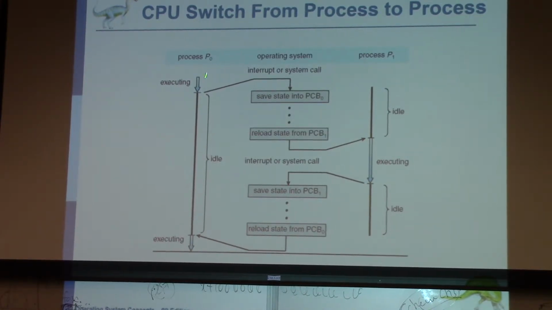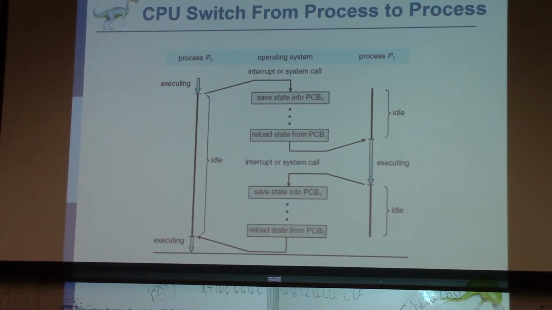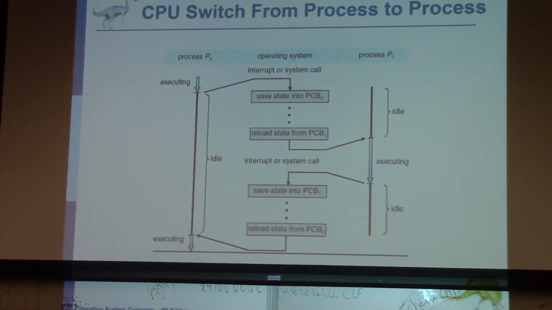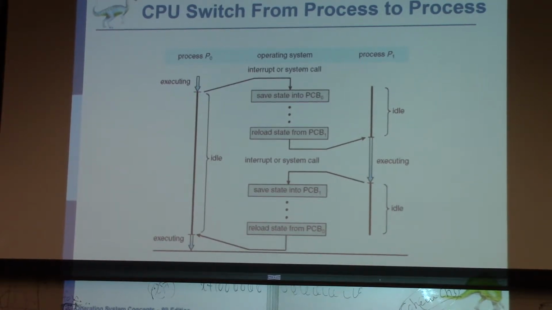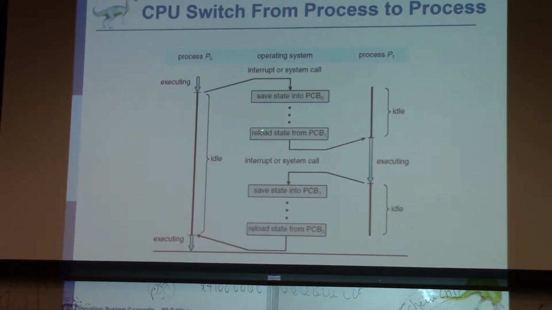So first, this is the current process, the current student. Then stop, next student. At that time, save all the current discussion, all the information about the process running on the CPU. Where? Using the PCB. Then bring the next student, the next process, and load it into the CPU, with the operating system reloading the state of the next process.